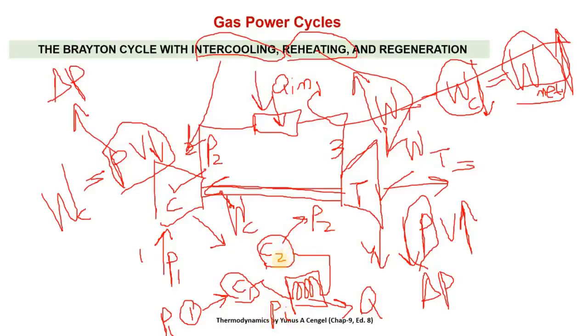So that's why the combined work of compressor C1 and C2 will be less than the single compressor for the same pressure rise from P1 to P2, because in between these two compressors we have decreased V, specific volume, and we know that as you decrease V, for the same change in pressure the work of compressor can be dropped.